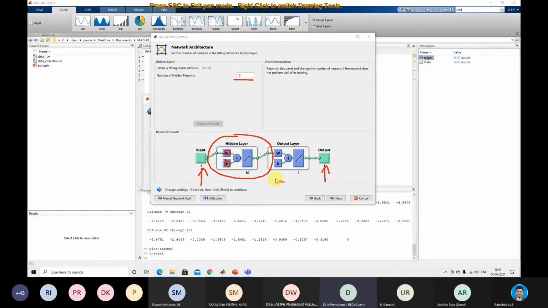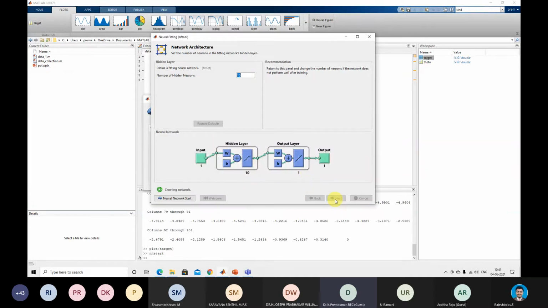So when you go for a higher number of neurons, the computation time is very high, and you may also not receive an appropriately trained neural network, right? So you have to choose the default number of hidden neurons, or else choose plus 5% or plus 10% from the default value. Here I'm going to take only the default 10 neurons, right?